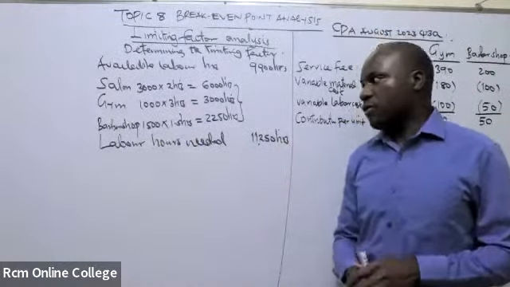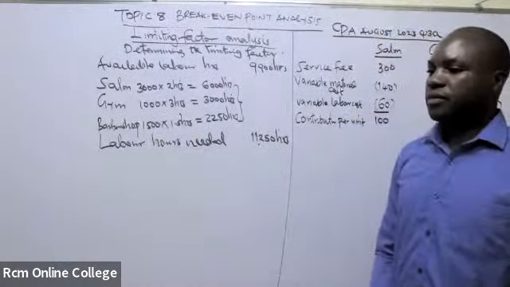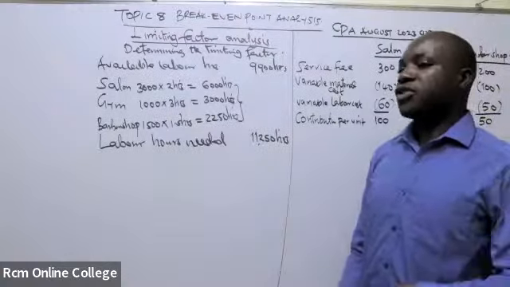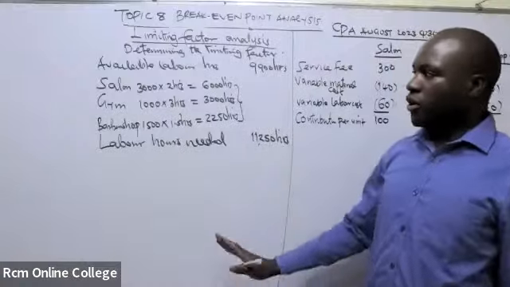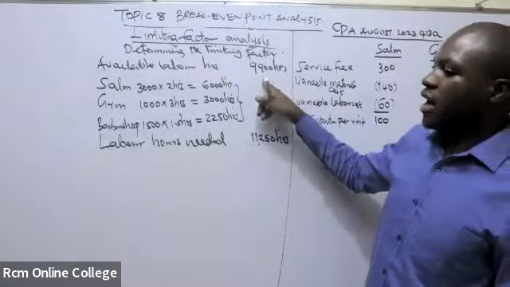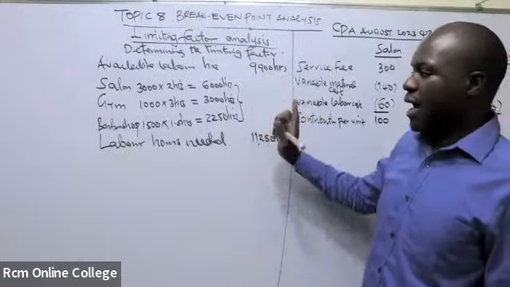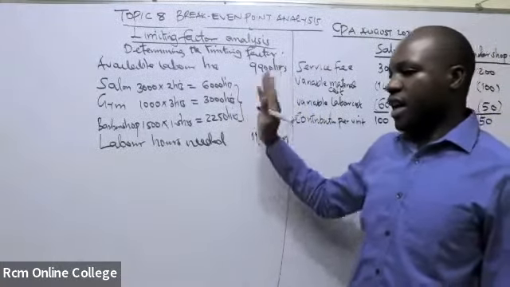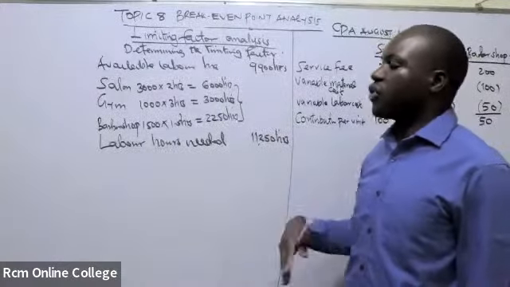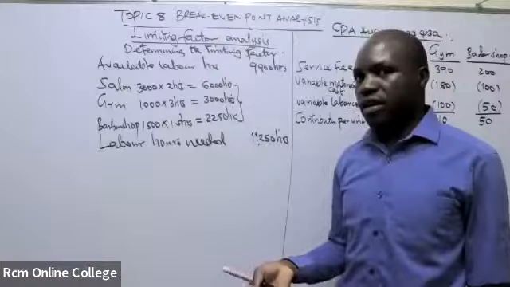Will they be able to fulfill this demand? Will the company be able to fulfill the demand? It is not possible. Why? Because the company can only afford to pay for 9,900 labor hours. And what is demanded to fulfill the entire demand is 11,250. So automatically we have a deficit, right?